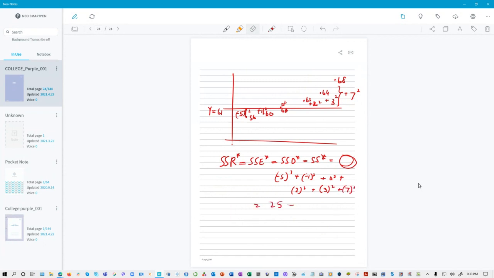You get 25 plus 1 plus 0 plus 4 plus 9 plus 49. How much would that be? Would that be smaller or larger? That's what we want to know. 25 plus 1 plus 4 plus 9 plus 49, 88.